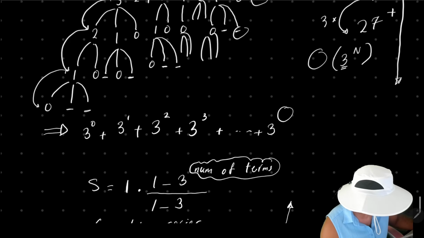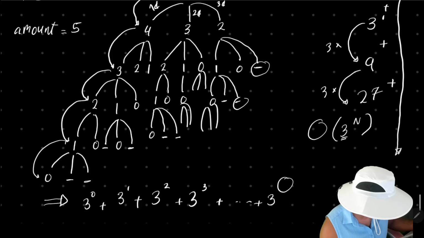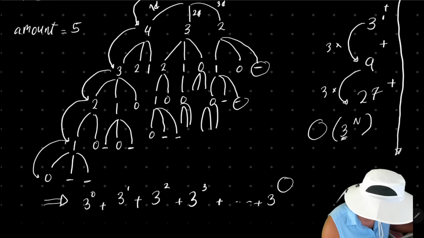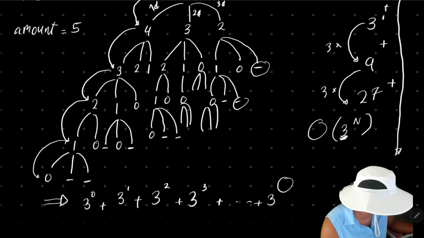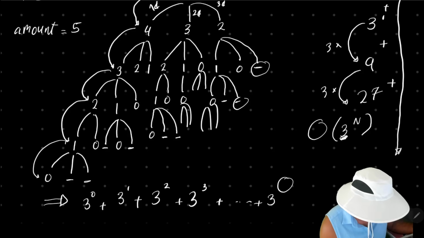That's why I said in the beginning the runtime is O of 3 power n, but it doesn't have to be 3, right? Where did the 3 come from? Well, the 3 came because I have 3 different coins to use. If it was 5 different coins, there will be 5 power n.